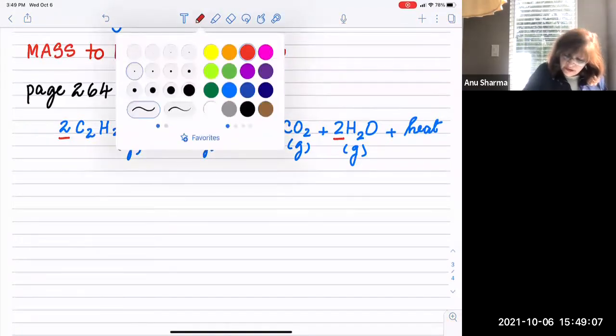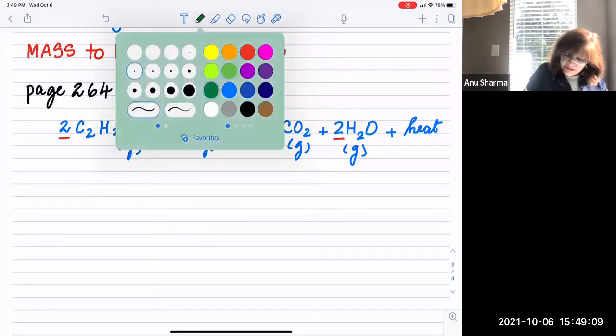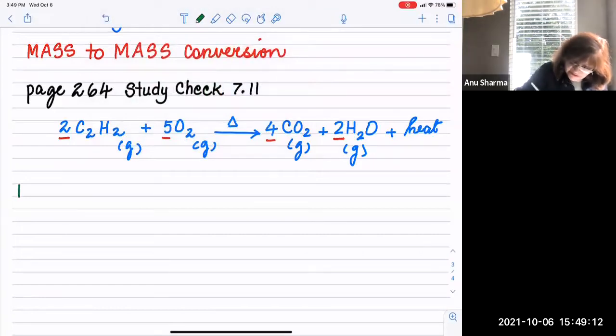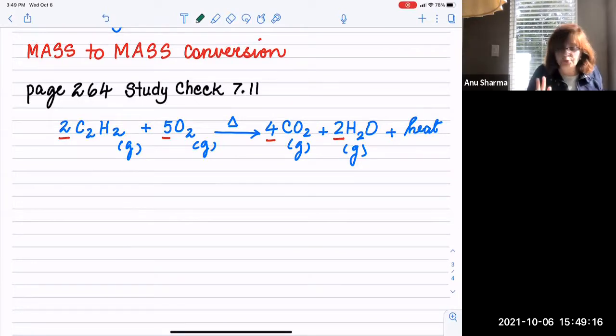So here is the roadmap you're going to follow. If you're converting, whatever the 2 entities are, it's always going to be 2 entities.